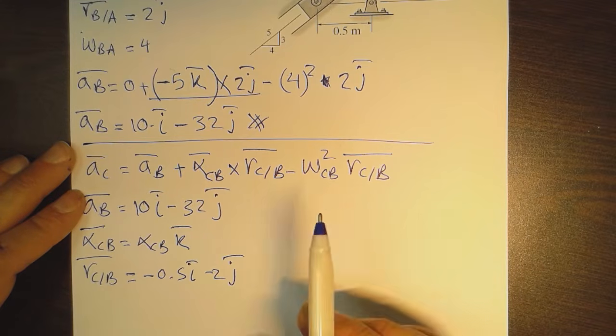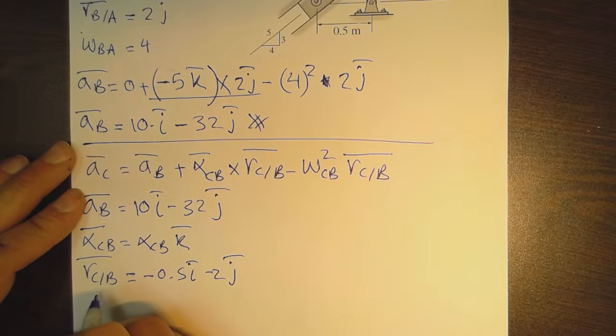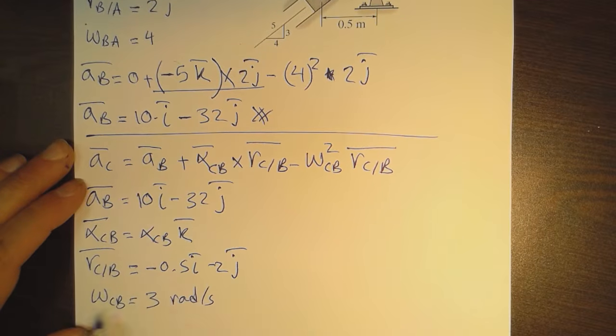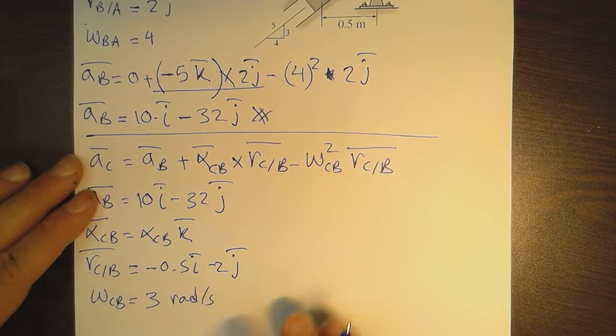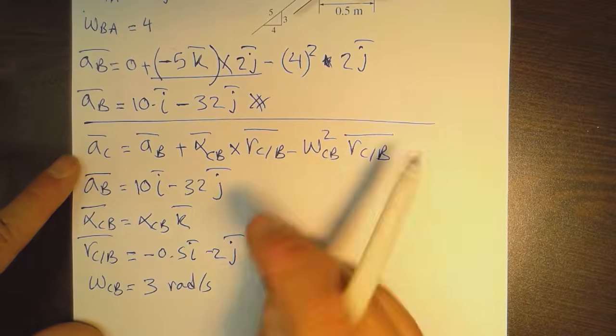It was 3 rad per second from the previous calculation for the velocities. So omega CB was 3 rad per second as a scalar value.